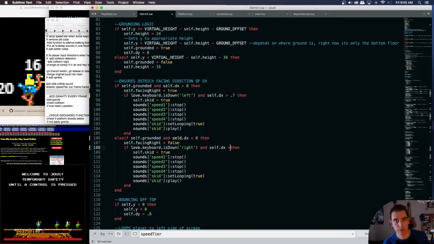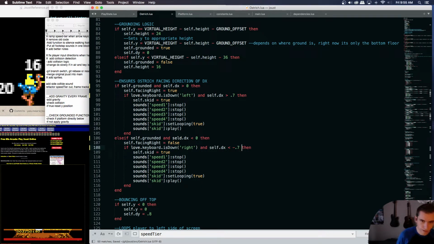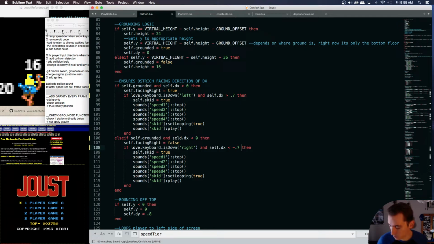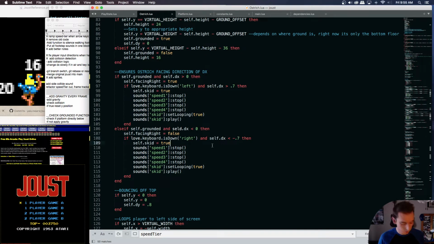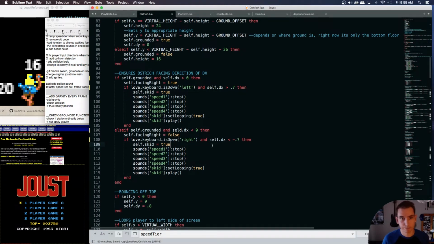Greater than 0.7, meaning, yeah, smaller than negative 0.7 is anything faster than that speed 2, that it used to be speed 2 in its left direction. Okay. So there's that.